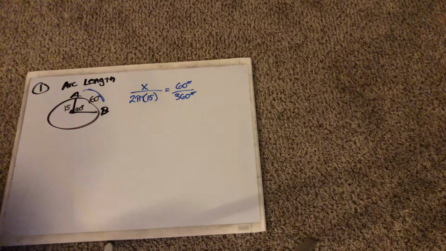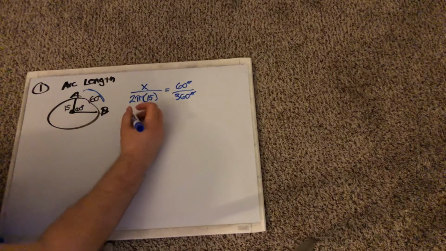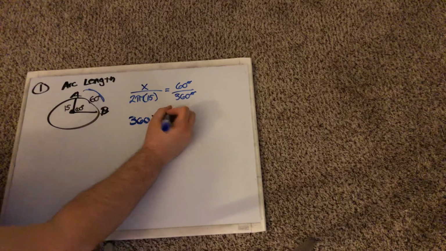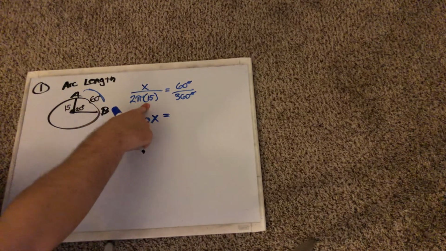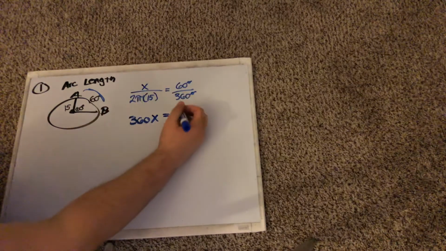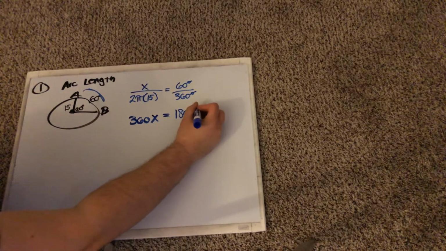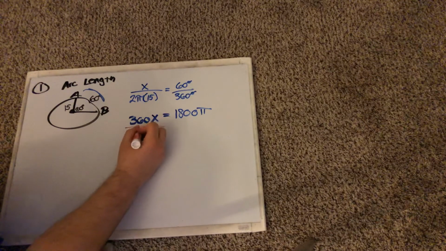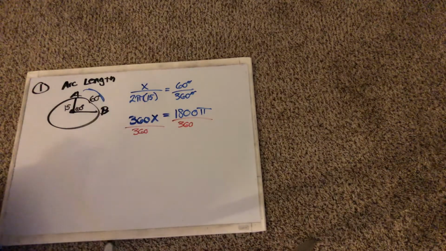We have two fractions equal to each other, so we're going to cross multiply. x times 360, 360x equals 2 times 15 is 30, times 60 is 1800, so 1800 pi. To get x by itself, we're going to divide both sides by 360 and simplify.